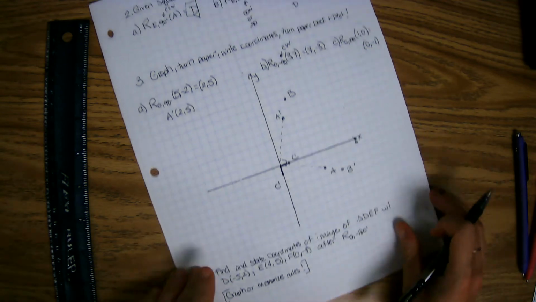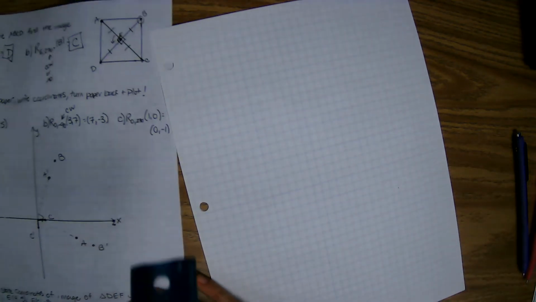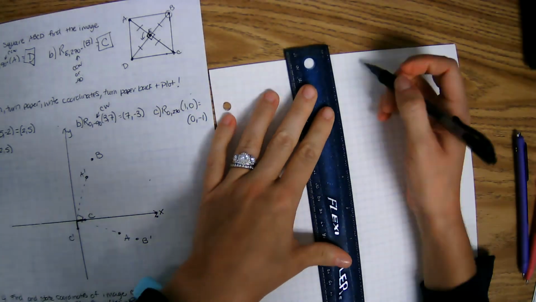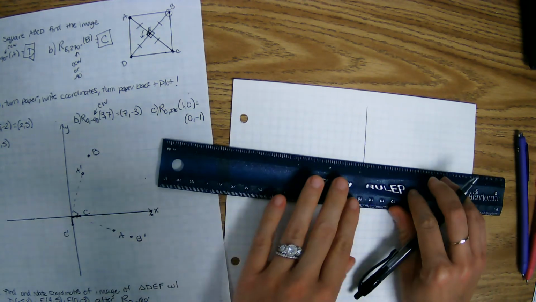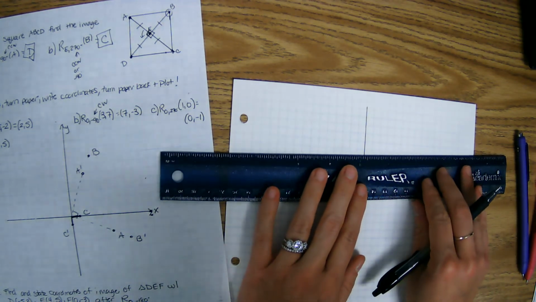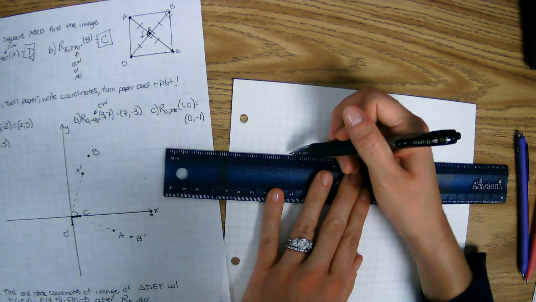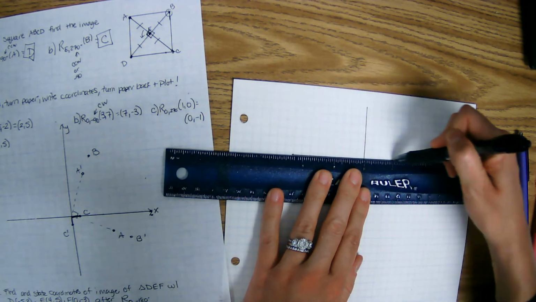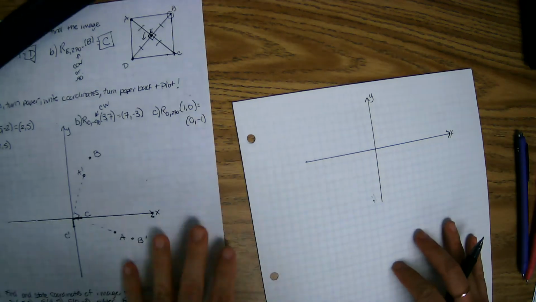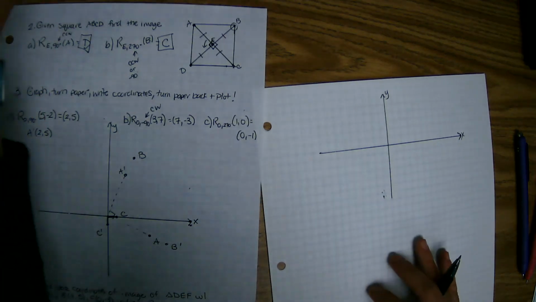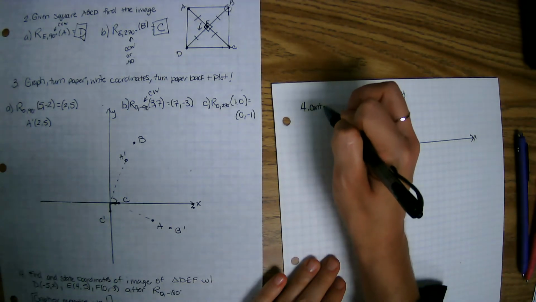All right, so for each of these, I'm going to set up my graph. Here's X and Y, and this is number 4, continued.